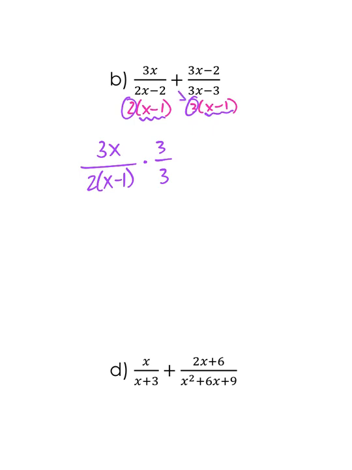And that 3 came from the second term. So I get 9x over 6 times x minus 1.